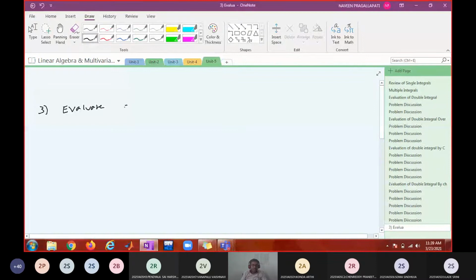Evaluate the integral from 0 to 1, of the integral from 0 to 1 minus x, of e power y by x plus y, dy dx.